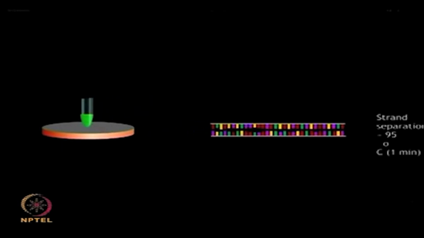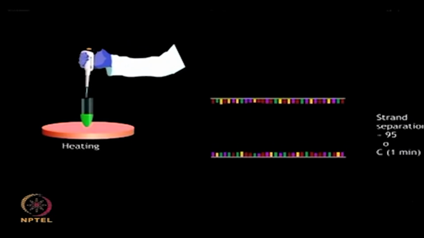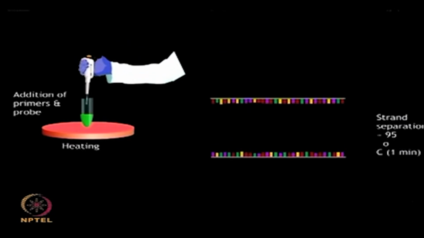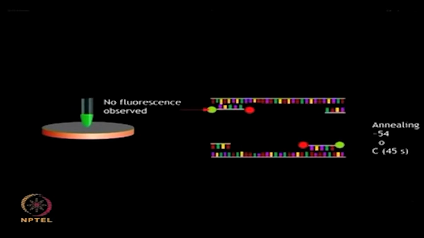The double stranded DNA that needs to be amplified is heated to 95 degrees to bring about strand separation. Once the strands are separated, primers are added along with the probe DNA molecule, which has the quencher and the reporter molecule bound to its end.